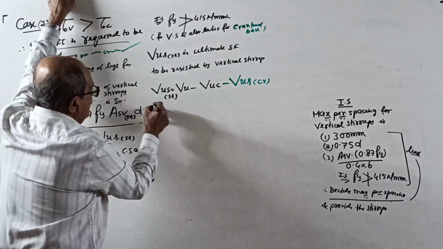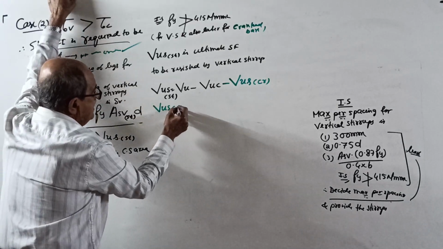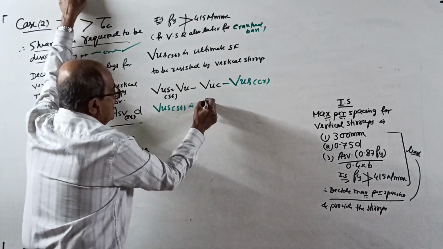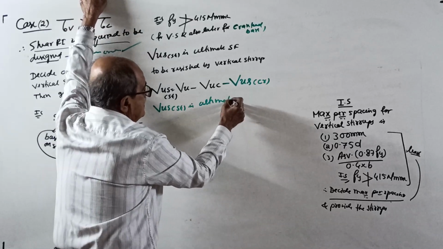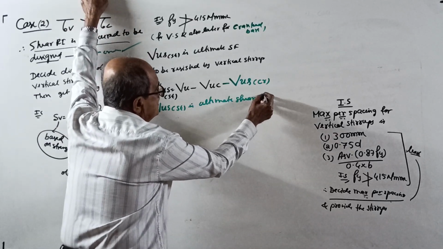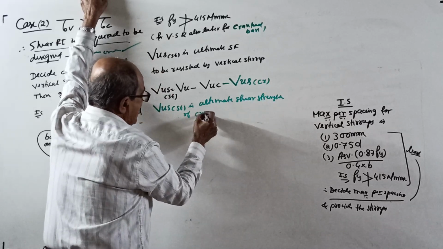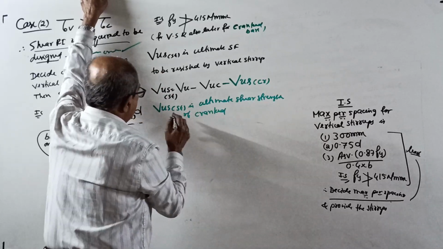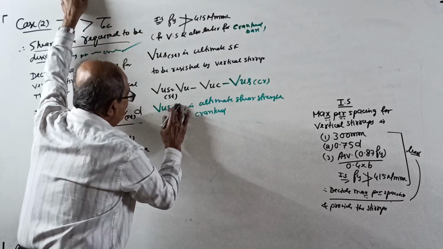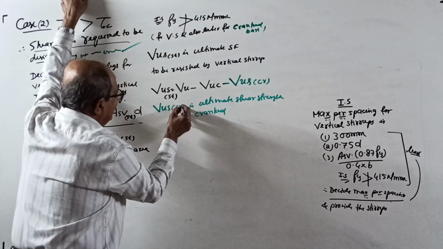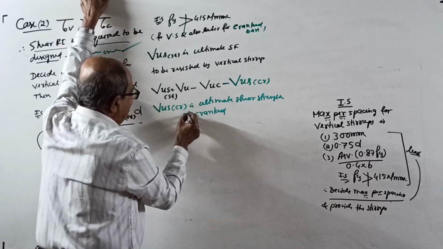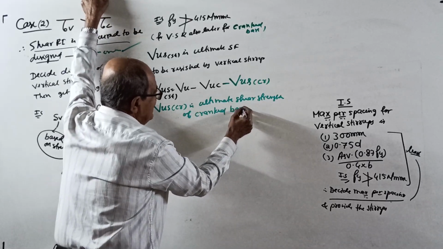Now VUS ST is ultimate shear strength of, I write, cranked bars. Sorry, VUS CR, of cranked bars.